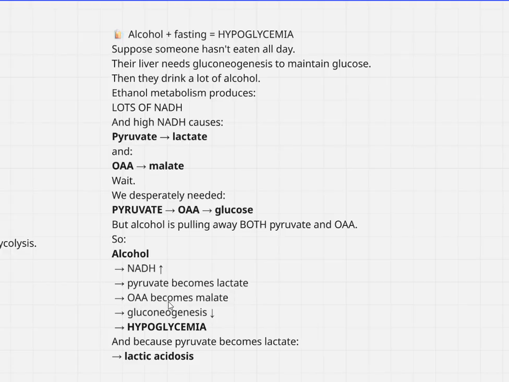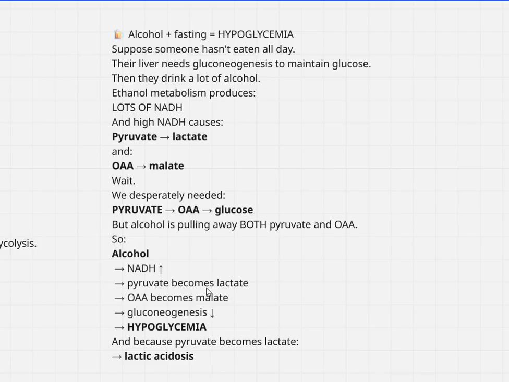And oxaloacetate becomes malate. The opposite thing is happening in TCA. In the TCA cycle, normally the malate should become oxaloacetate, but here the opposite is happening. And the pyruvate is not becoming acetyl-CoA to go into the TCA. It's literally becoming lactate, right? It's making the situation even worse.